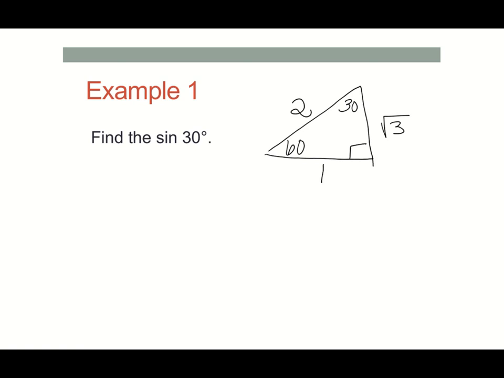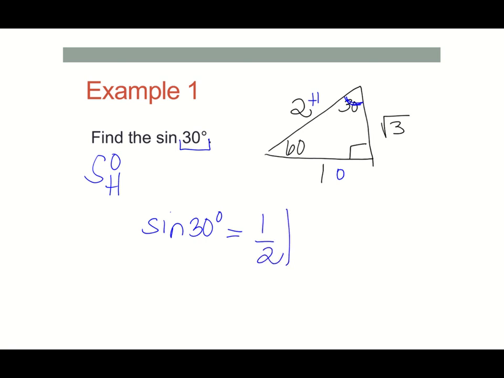I know sine from SOHCAHTOA is opposite over hypotenuse. If I'm looking at 30 degrees, I'm looking at this angle here. Opposite is 1, hypotenuse is 2. So the sine of 30 degrees equals 1/2.